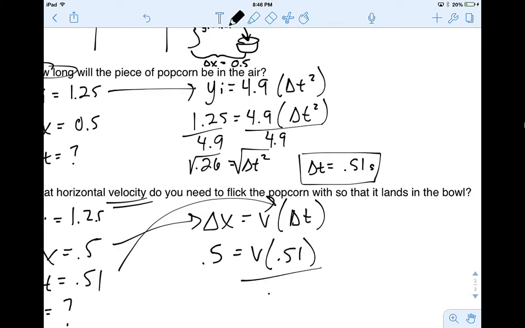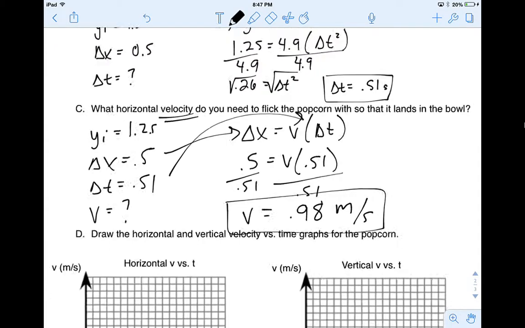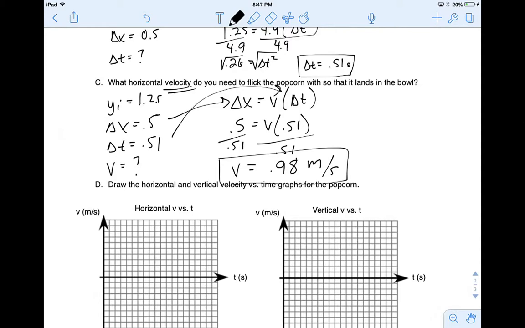I divide both sides by 0.51, so v equals 0.5 divided by 0.51, which is 0.98 meters per second. That's my velocity. If you got somewhere around 1, that's fine.